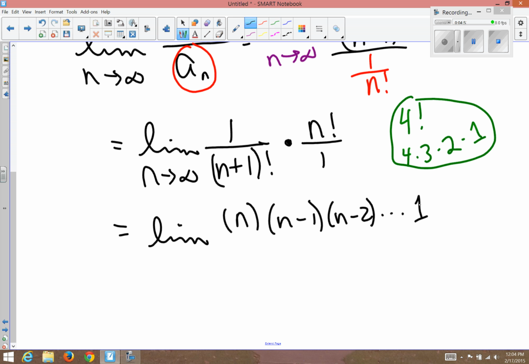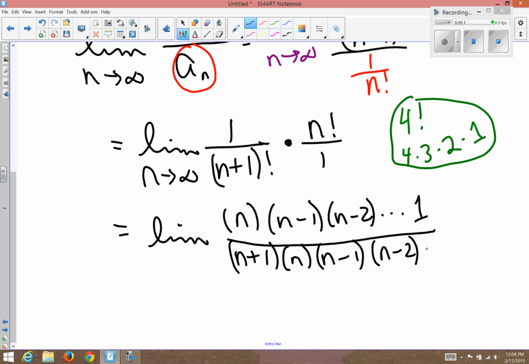Eventually get to 1. N plus 1 factorial means start at n plus 1, multiplied by the number I just wrote, minus 1 times the number that I just wrote, minus 1, times the number I just wrote, minus 1. Continue on like this until we get to 1.